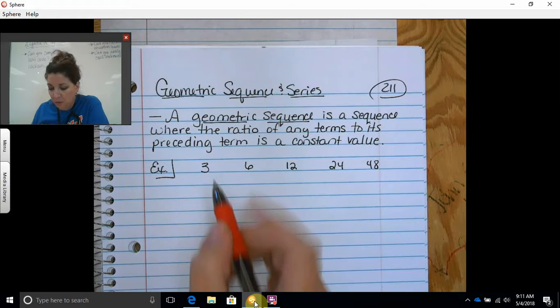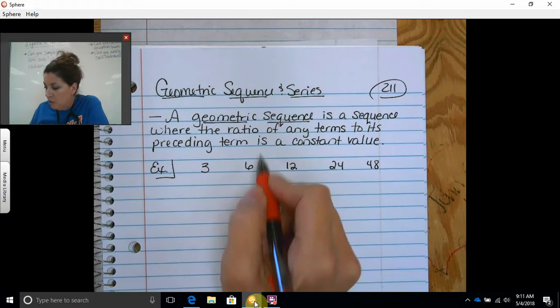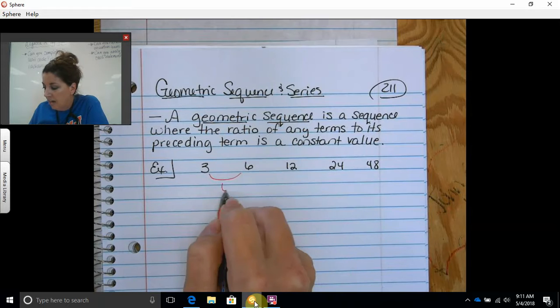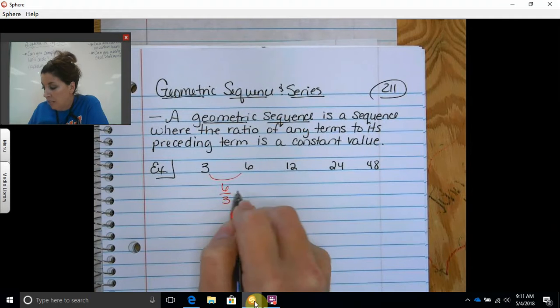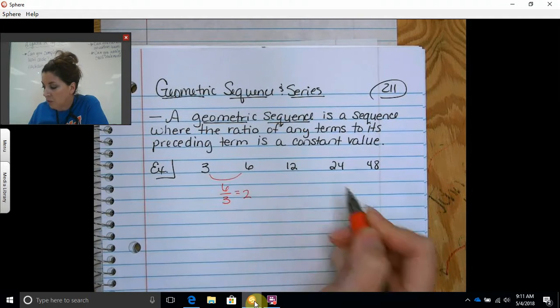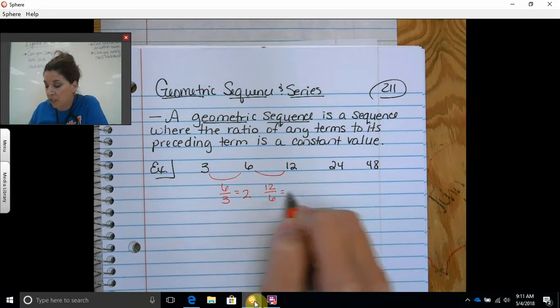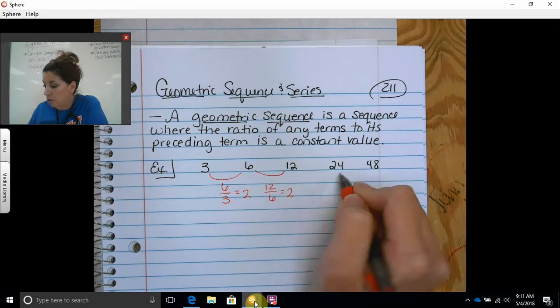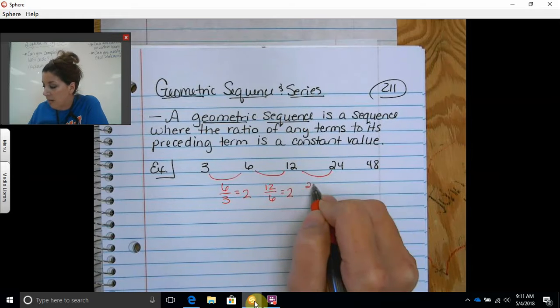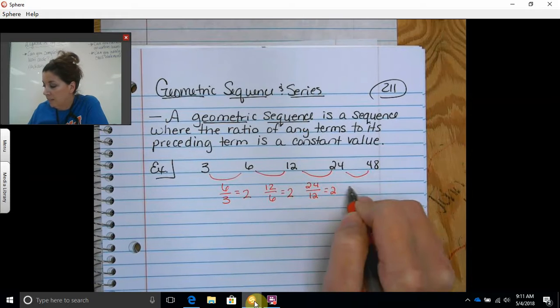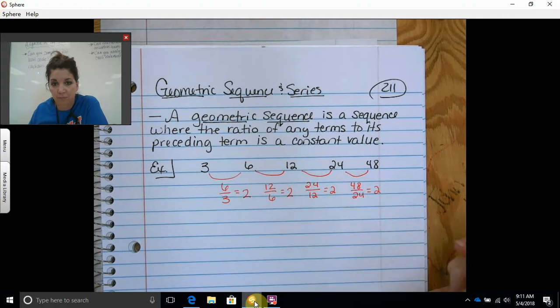So you would take the 6 and divide by the preceding value, that's the ratio, and that equals 2. 12 divided by the preceding number is 2. 24 divided by the preceding number is 2. 48 divided by the preceding number is 2.